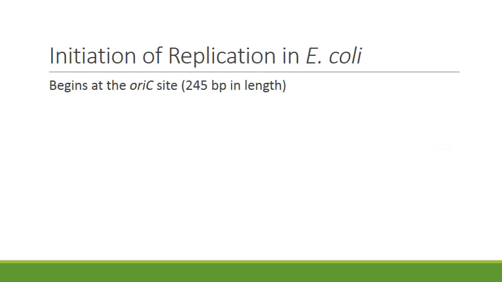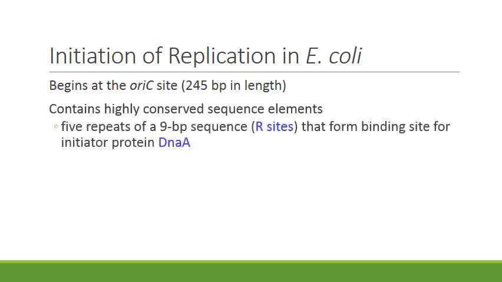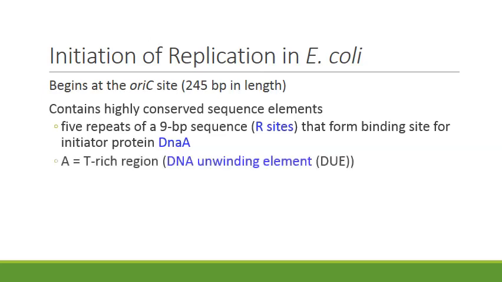In E. coli, that origin of replication is called oriC, and it's about 245 base pairs in length. It's a highly conserved sequence among bacteria. It has repeated 9 base pair sequences, which we call the R sites, and forms a binding site for the protein called DnaA, which initiates DNA replication in E. coli.